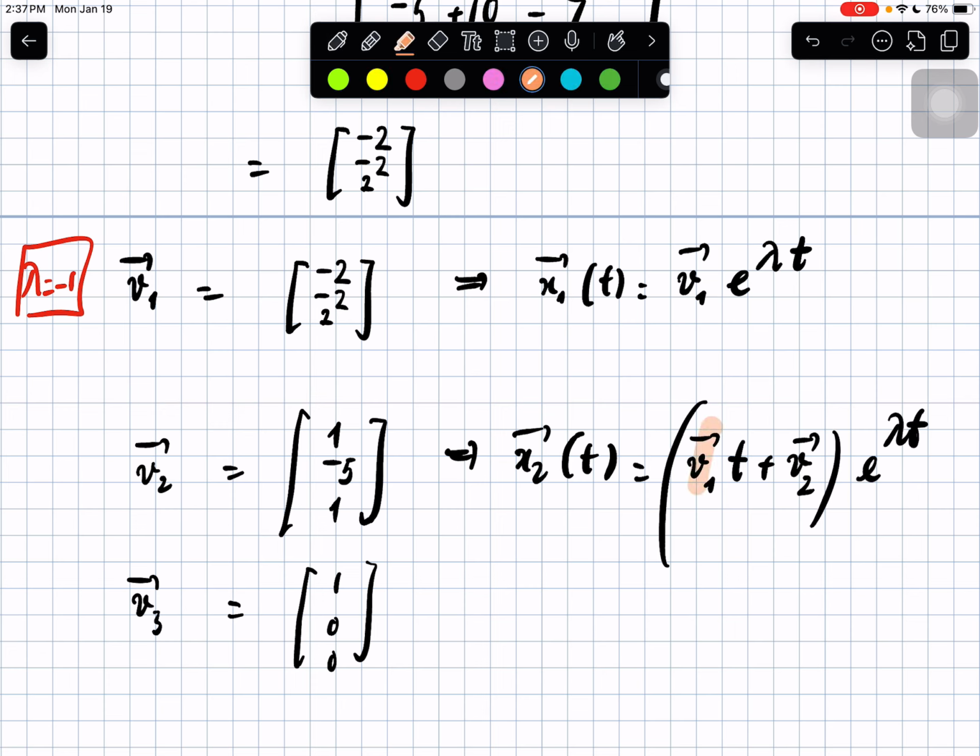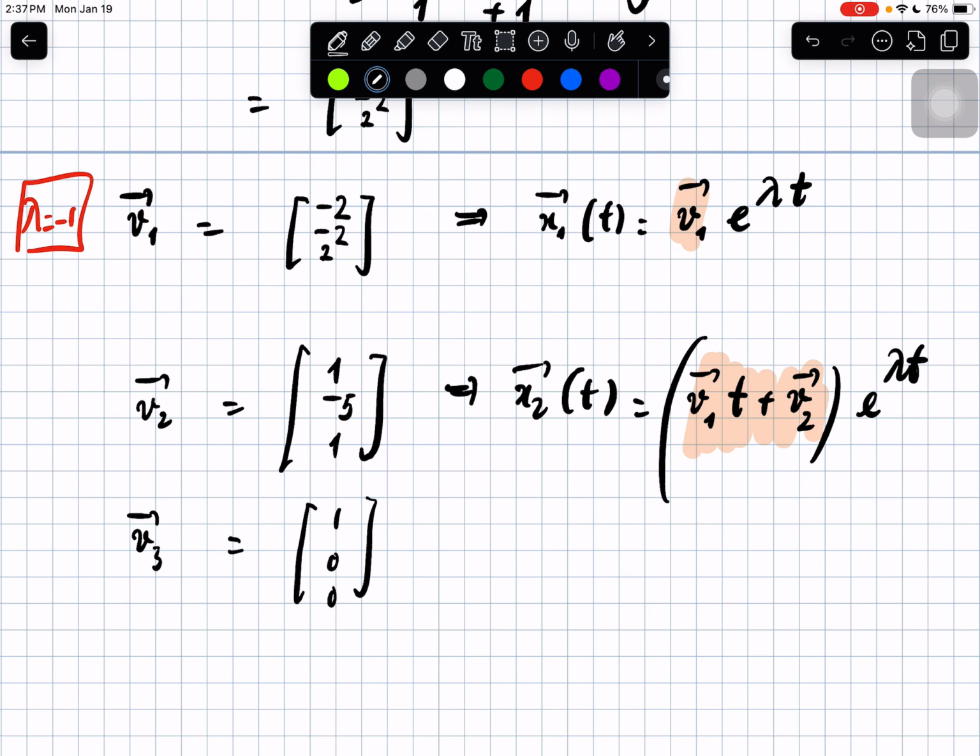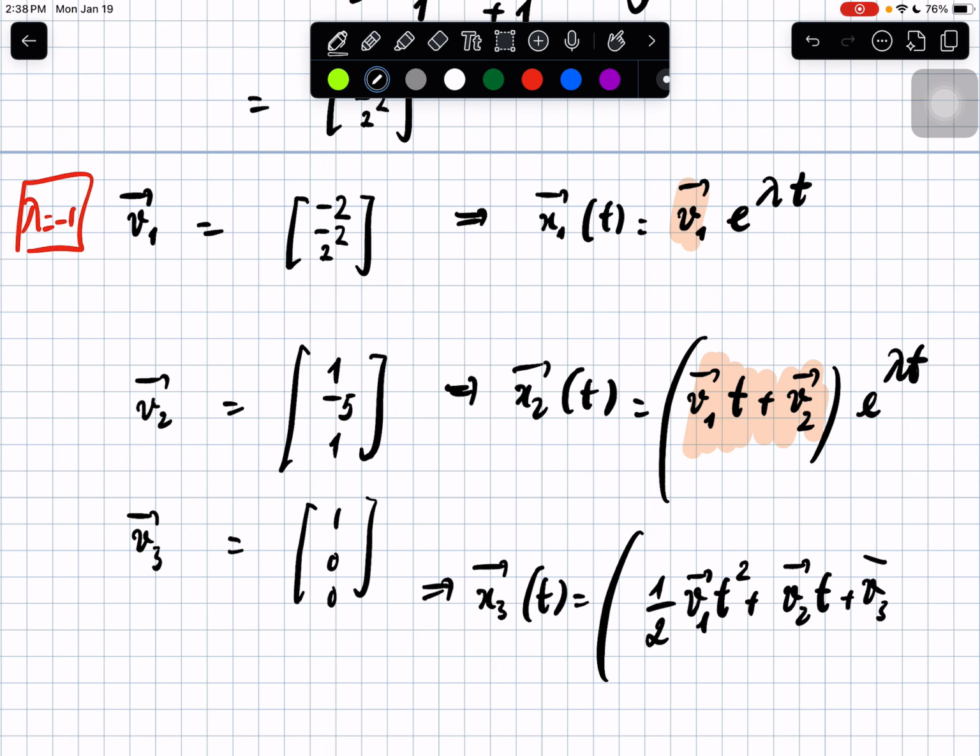Just remember that x2 prime is equal to this. Then we have the last one, x3 equals (1/2 v1 t squared plus v2 t plus v3) e^(lambda t).